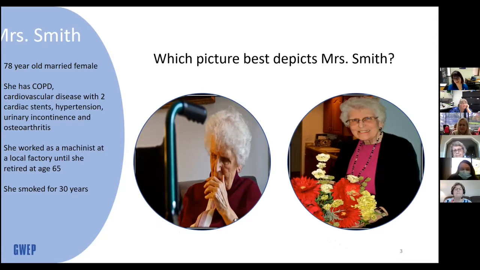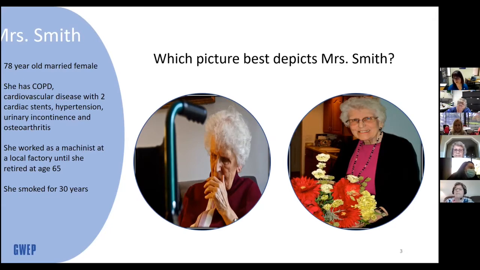And you're right. Many of us, when we think about older adults, especially those who have chronic illnesses, the picture that might come into our head is Mrs. Smith here on the left. In actuality, a list of diagnoses, a list of medications, past medical history, none of those things give us a really good sense of who Mrs. Smith is and what she's still capable of accomplishing.